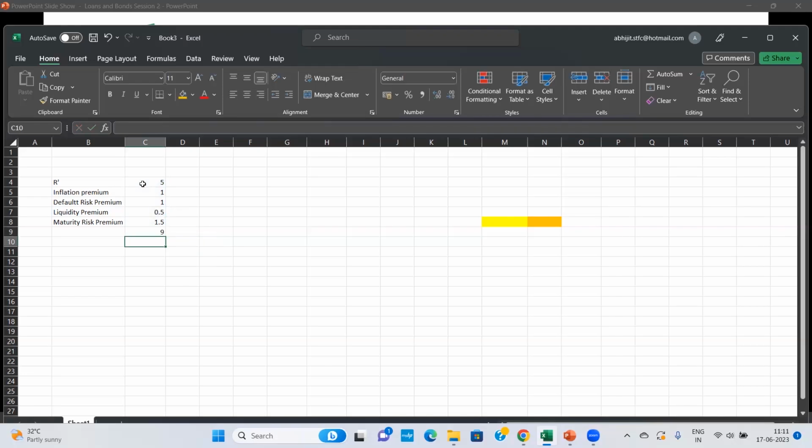Neither is it 8%, nor 7%, nor 7.5%. Yeah, let it be for 5 years. This is how we calculate the required rate of return for any debt instrument.